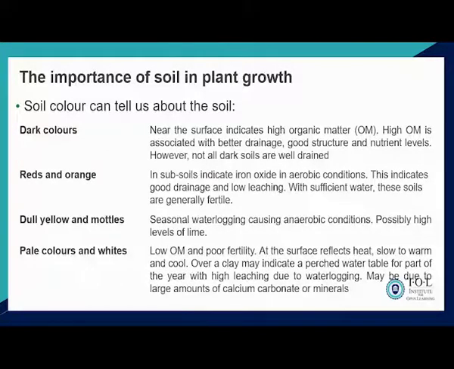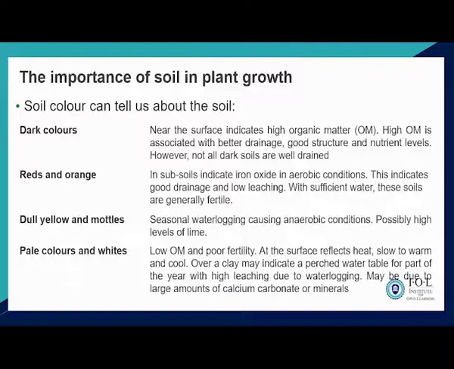When you encounter red and orange colored soils in subsoils, it indicates iron oxide in aerobic conditions, and this is an indication of good drainage and low leaching. With sufficient water, these soils are generally fertile.